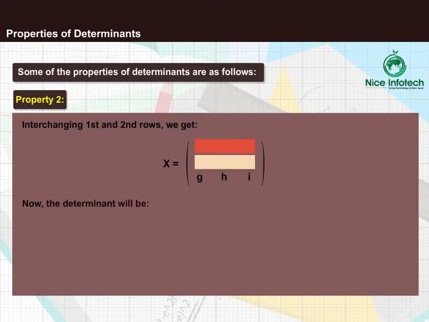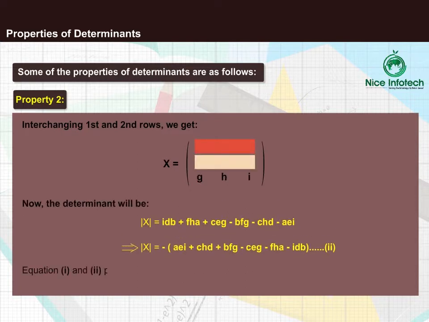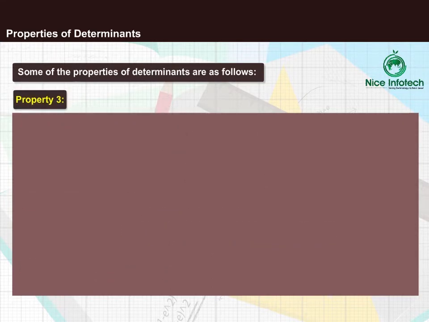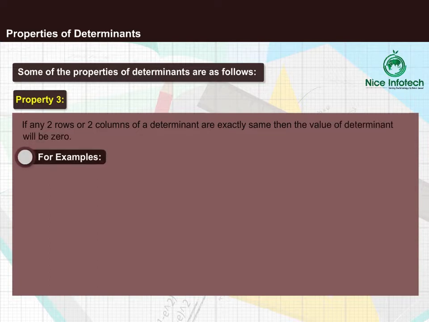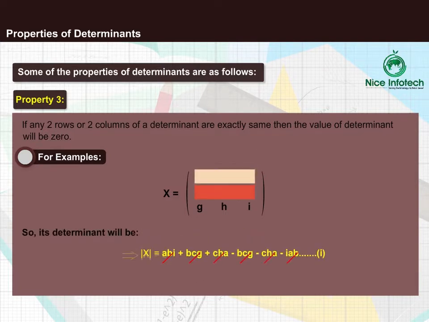Now the determinant will be equation 2. Equations 1 and 2 prove property 2. Property 3. If any two rows or two columns of a determinant are exactly the same, then the value of determinant will be 0. For example, X is equal to, so its determinant will be 0. This proves property 3.